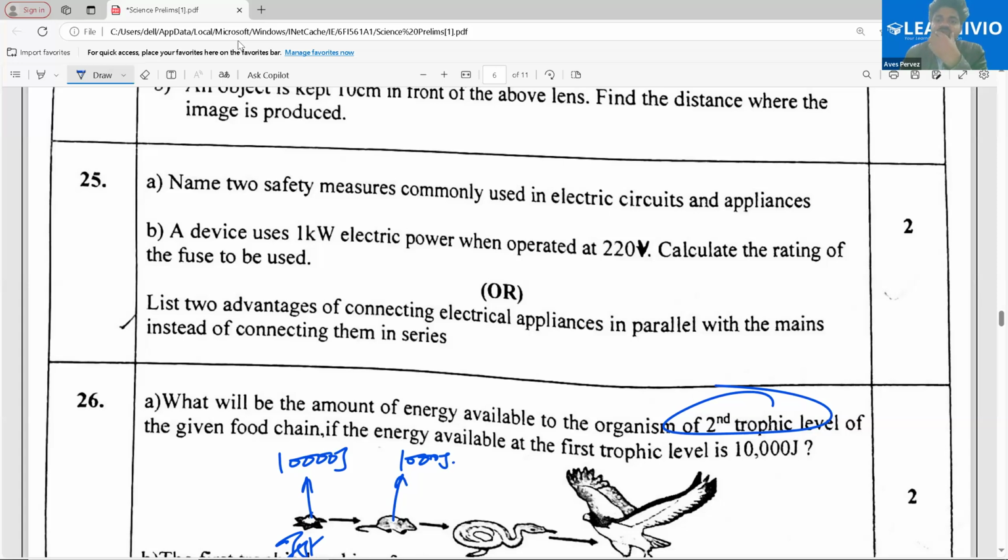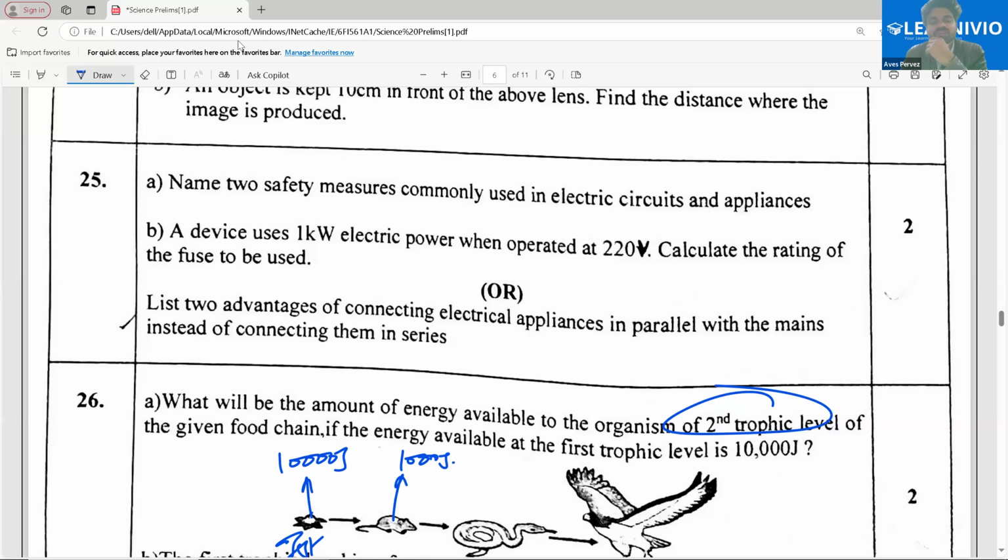Name the two safety measures used in electric circuits and appliances. Safety measures may be fuse or MCBs. That will be generally MCBs and fuses. Second: a device uses 1 kilowatt electric power at 220 volt. Calculate the rating of the fuse.